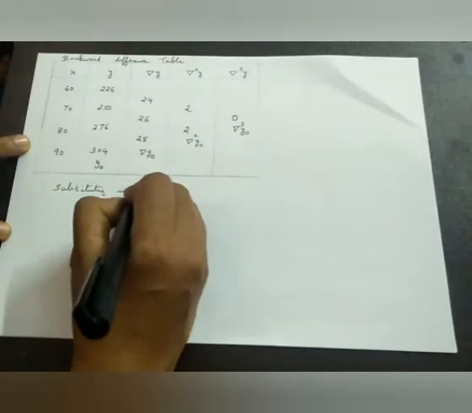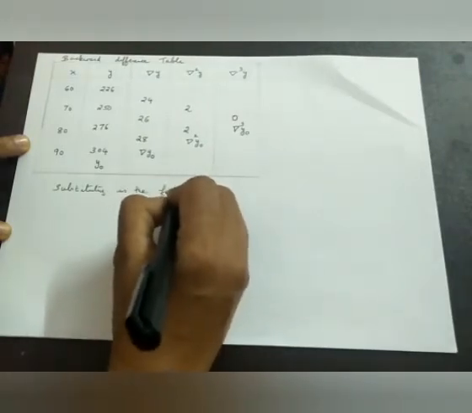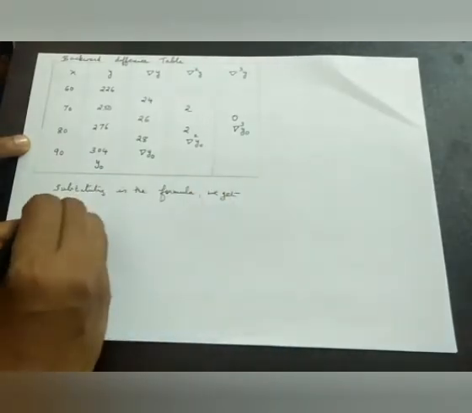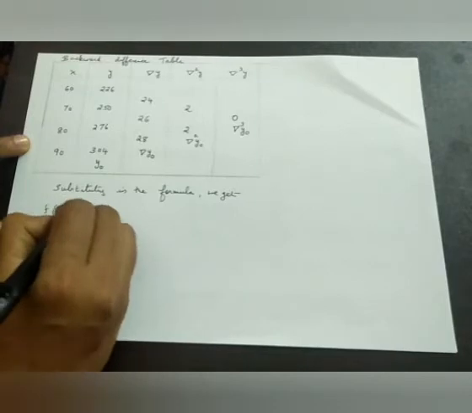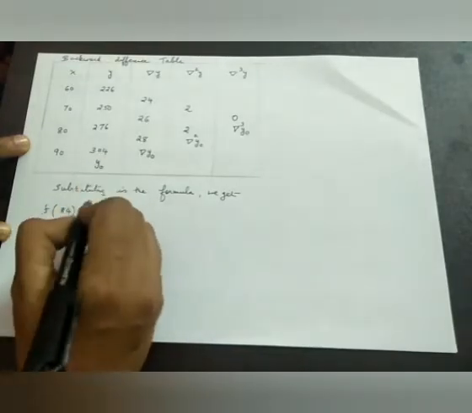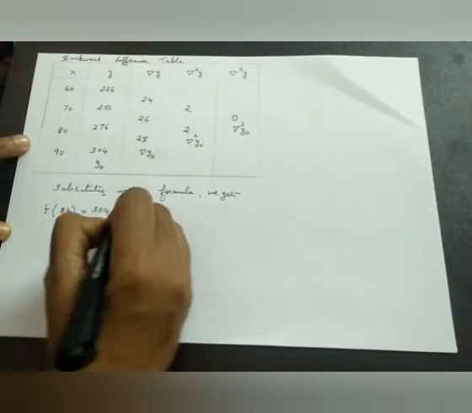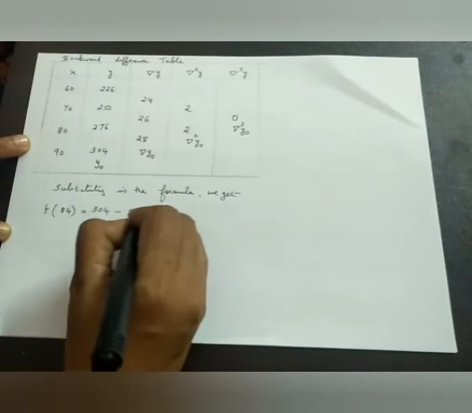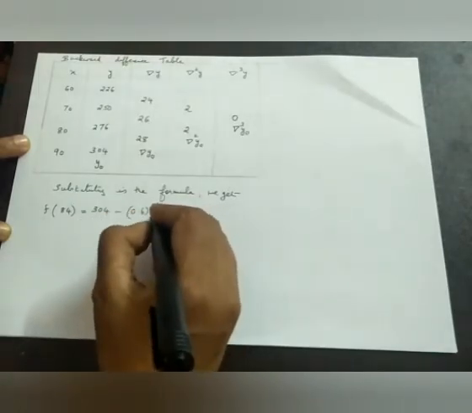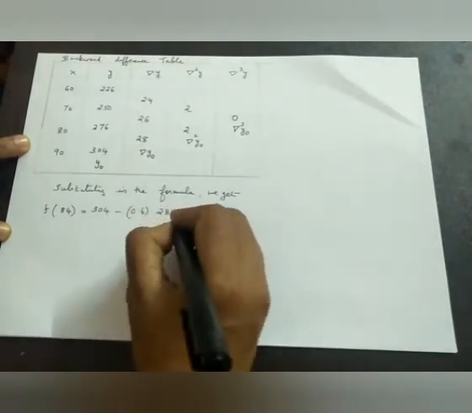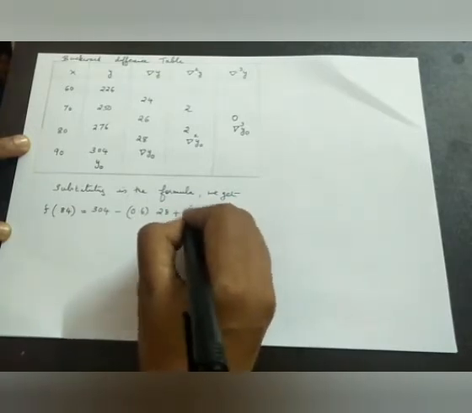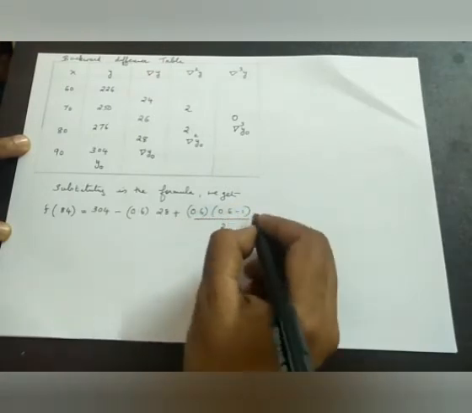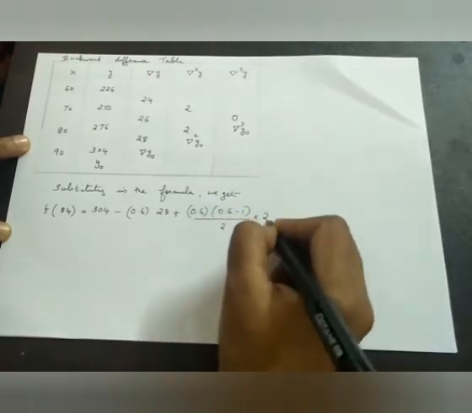Substituting in the formula, we get f of 84 is equal to y naught. In the place of y naught, we have 304 minus n del y naught. In the place of n, we have 0.6 into del y naught, which is 28, plus n into n minus 1, that is 0.6 into 0.6 minus 1 by 2 factorial, that is 2, into del square y naught, which is 2.